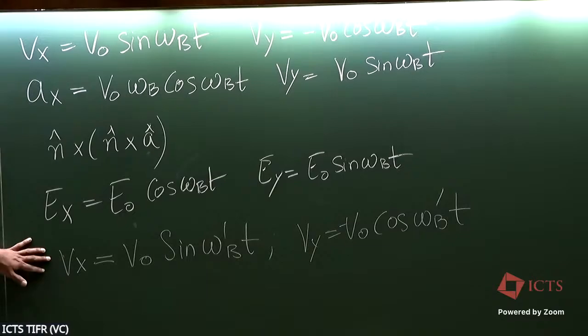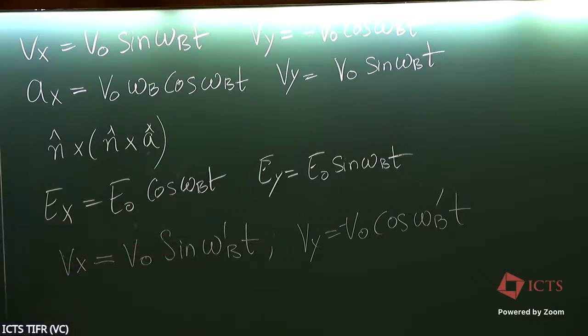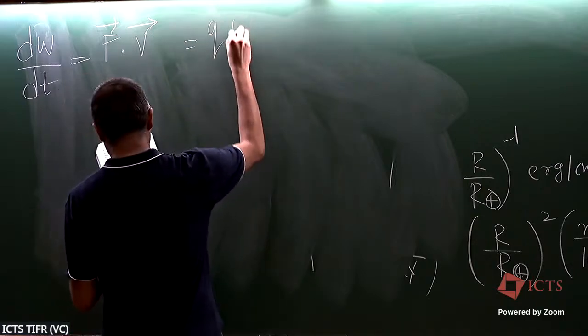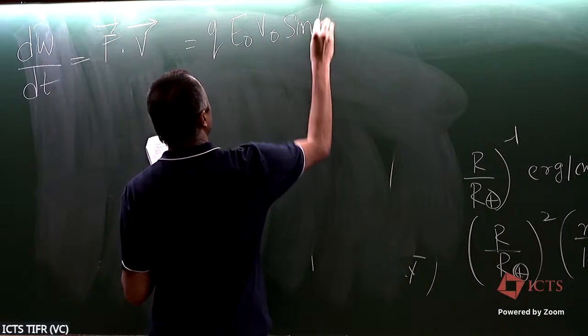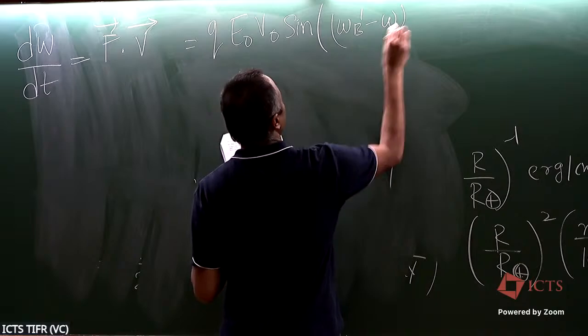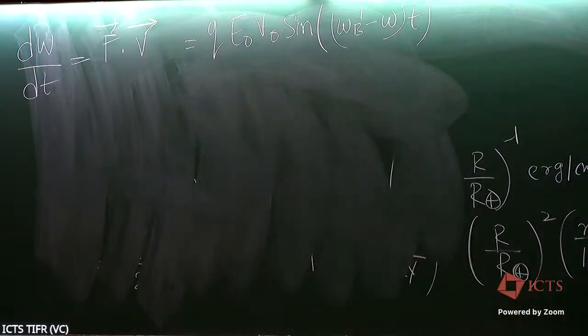So if I dot these two, then I'm going to get an expression which basically looks like sine A cos B minus cos A sine B, right? So that's the rate at which the field will do work on the electron.